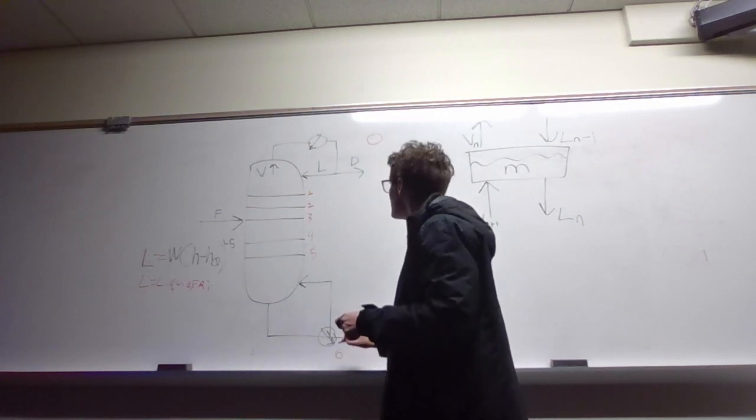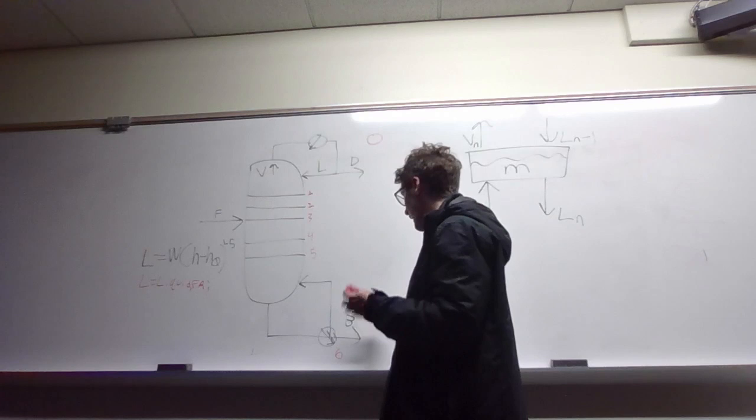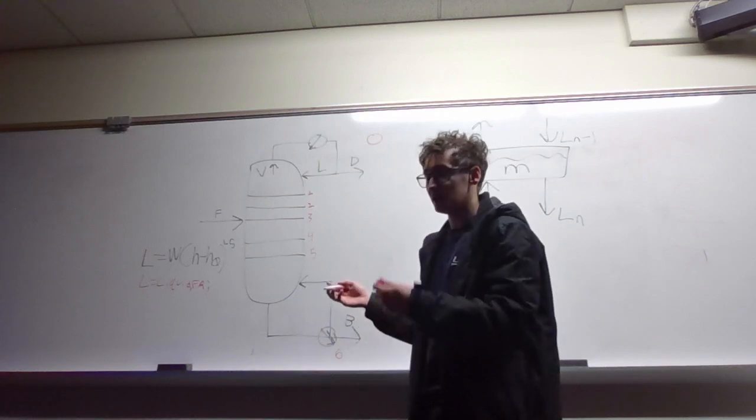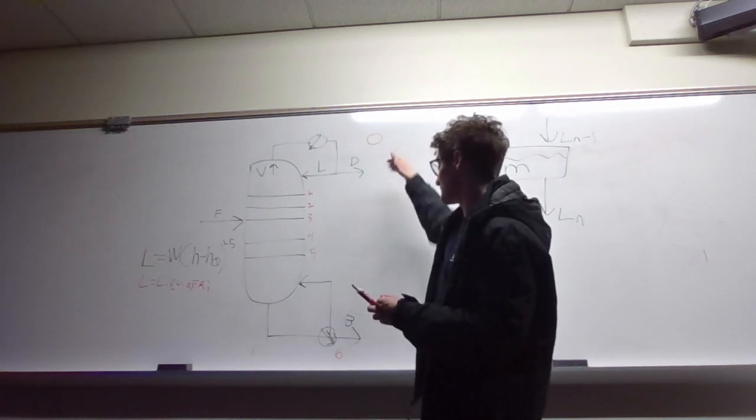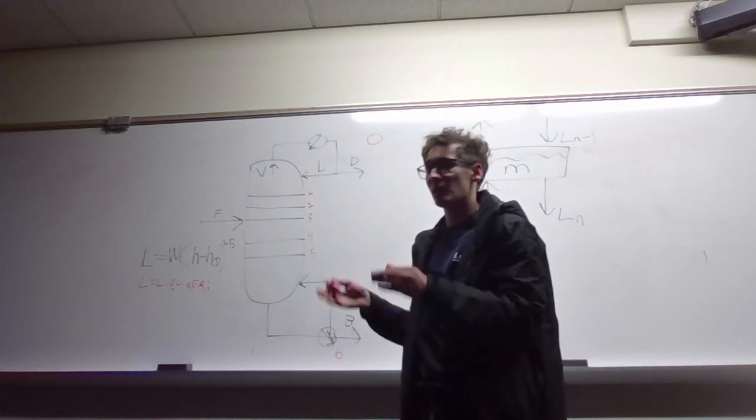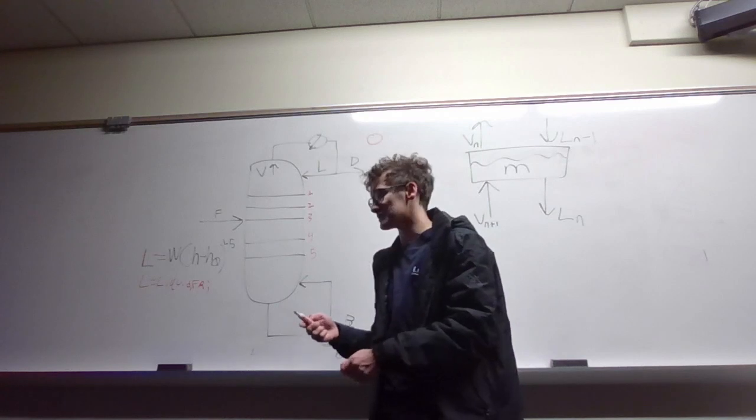Number 6 is going to be our reboiler. So we actually have 7 sections because we go from 0 to 6, and that's just the way you usually are going to enumerate these things.